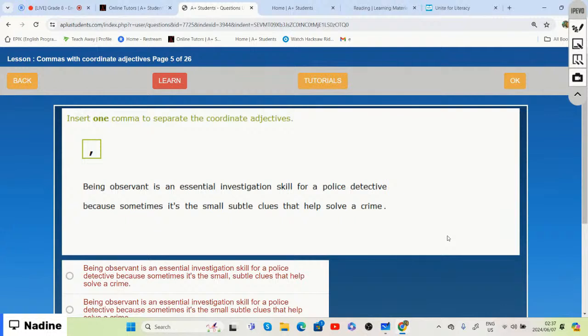It says being observant is an essential investigation skill for a police detective because sometimes it's the small, subtle clues that help solve a crime.